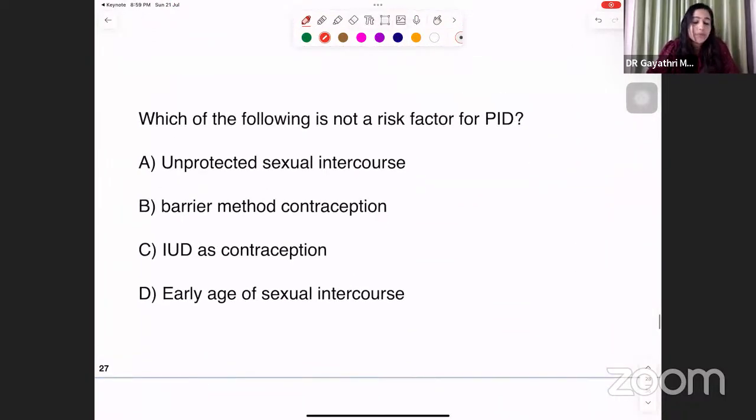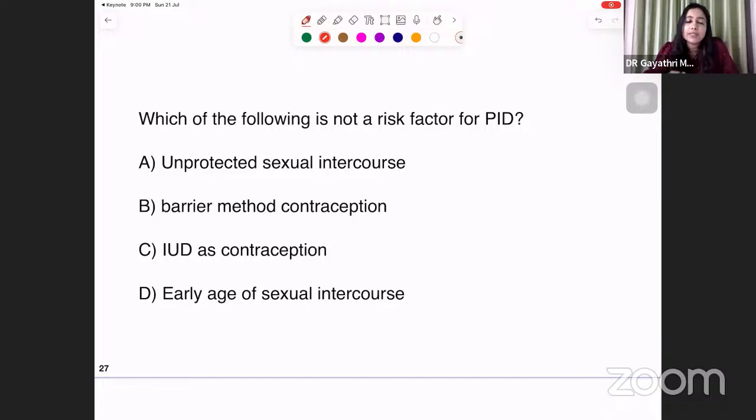Coming to the next question: which of the following is not a risk factor for pelvic inflammatory disease? Pelvic inflammatory disease risk increases if the patient has a history of unprotected intercourse, early age of first sexual intercourse, or multiple sexual partners. If the patient uses intrauterine devices, again the risk is slightly more. Among IUD users, the infection that is associated is actinomyces infection.